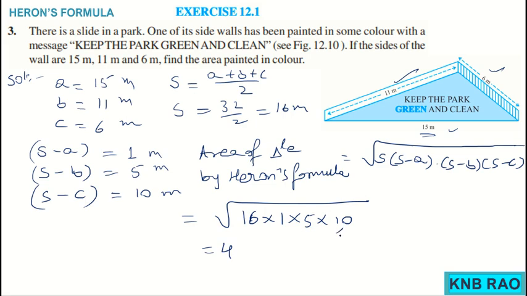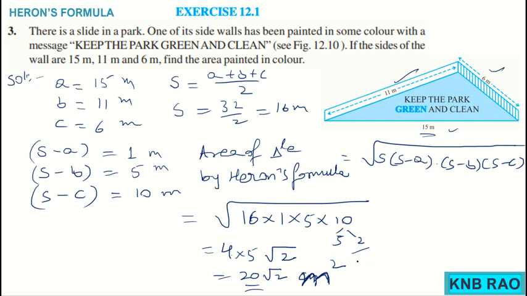Out of two 5s, one 5 will come out and leftover is just 2, so it will be inside the root. So 5 fours are 20, 20 root 2 meter square is the area of that wall which is painted. Okay.